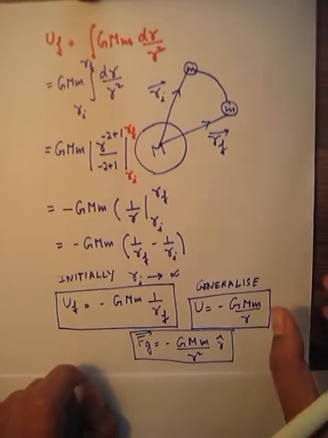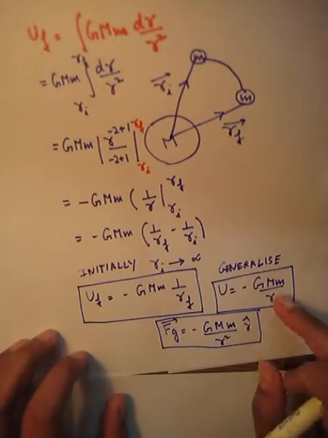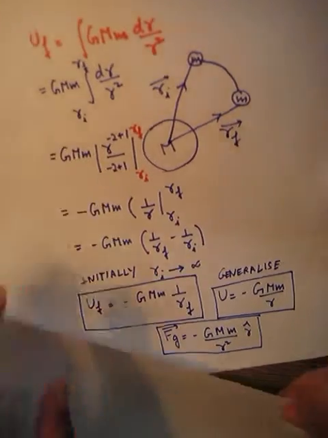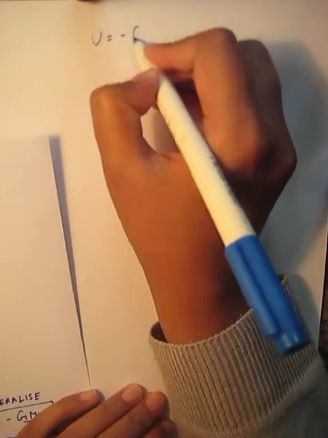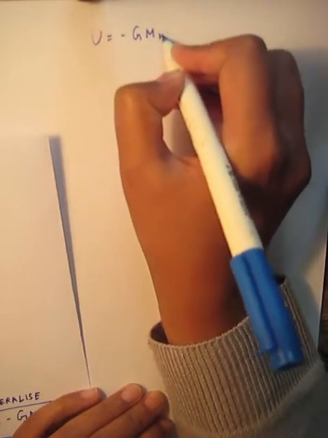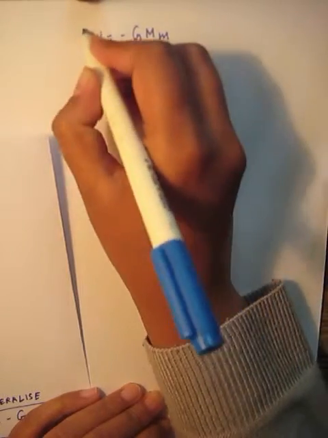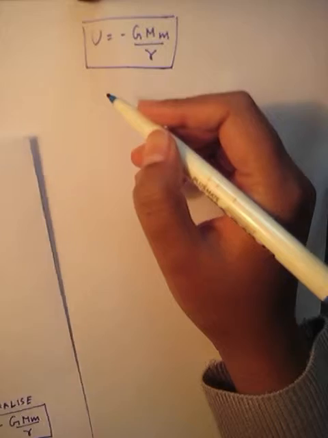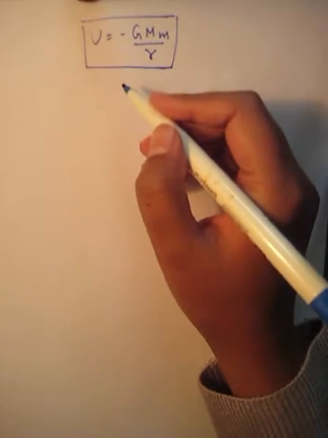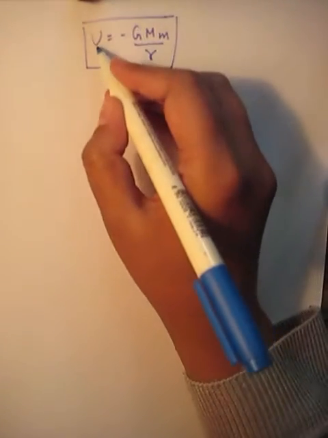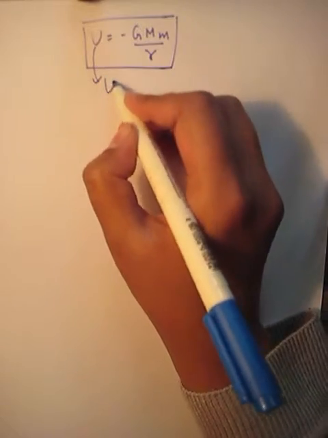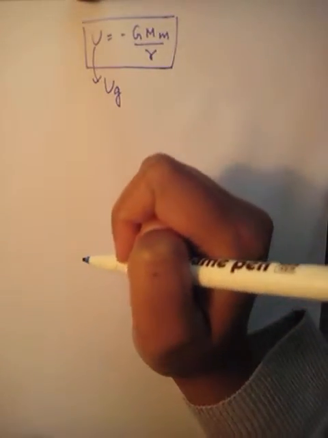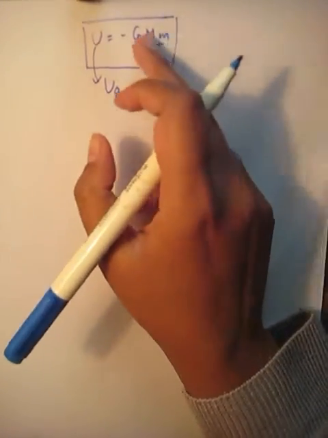Now let us try to plot this relation, which is the potential energy versus R. So we have this relation, which is minus G capital M small m upon R. Because we are talking about the gravitational potential energy, it is true for any two masses.